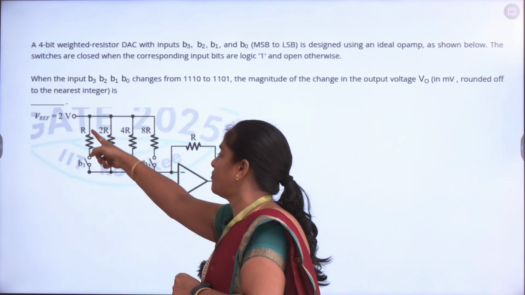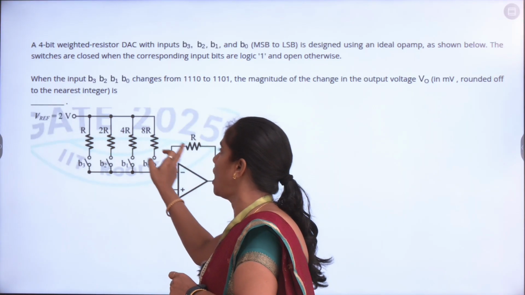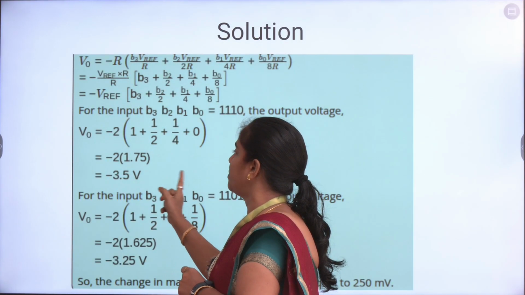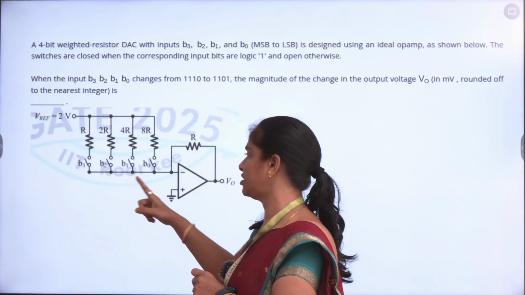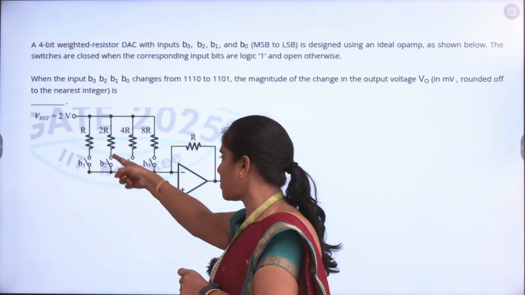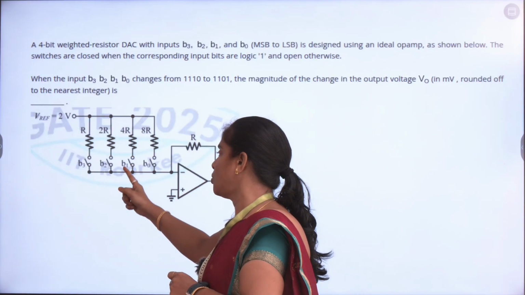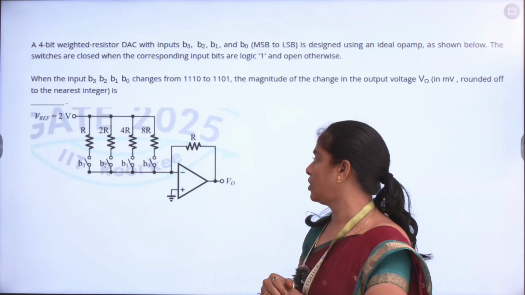So what is the current in the first path? It is I equal to V by R. So that is V reference divided by R, the first current. Why is it multiplied by the bit B3? Because the bit is going to decide whether the switch closes and thereby contributes to the total current, or if the bit is 0, then the switch opens and it does not produce any current in that path.